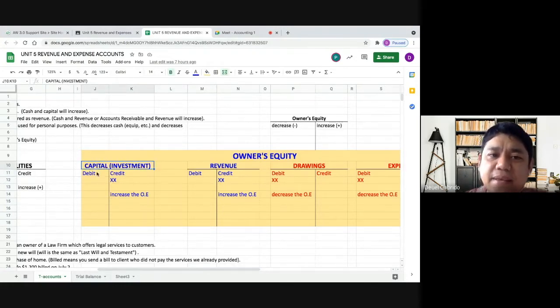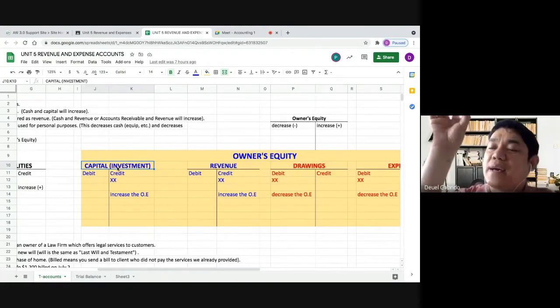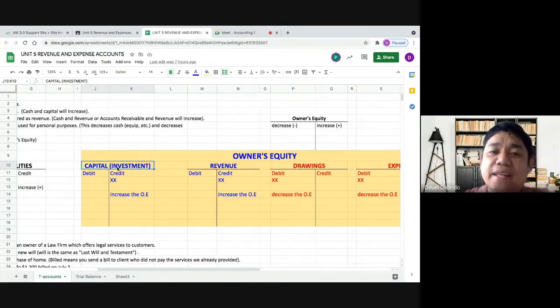So what will increase? Of course, normally, cash goes up, right? Because this will become the business cash. And then on the other side, normally it's owner's equity, right? But this time, we will classify that as part of capital specifically, not the owner's equity terminology.